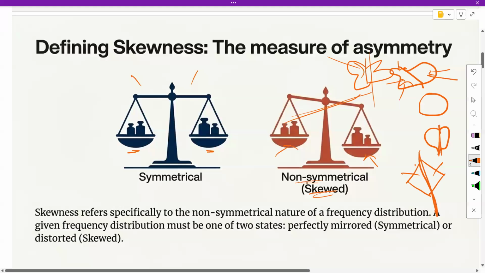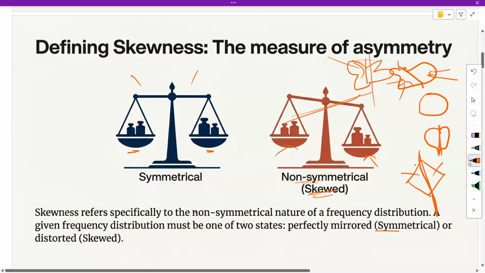Skewed means non-symmetric. So we apply this principle to data sets. Skewness refers specifically to the non-symmetrical nature of a frequency distribution. A given frequency distribution must be in one of two states: perfectly mirrored, symmetrical, or distorted, skewed.